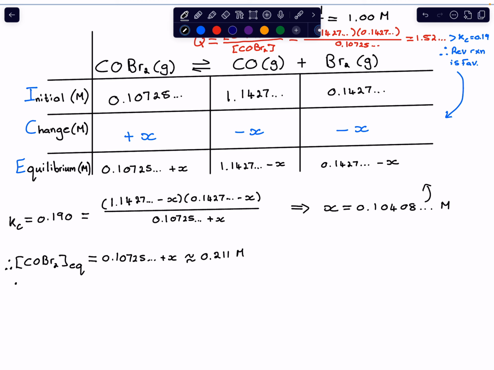The concentration for carbon monoxide at equilibrium is equal to 1.1427 minus x.